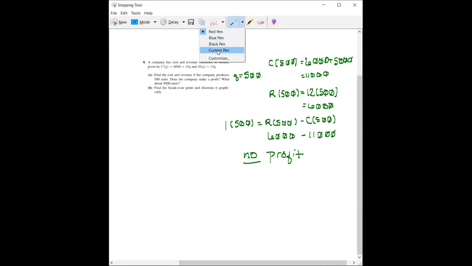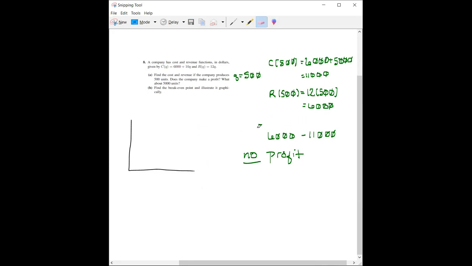It's going to be a line. Slope and y-intercept.